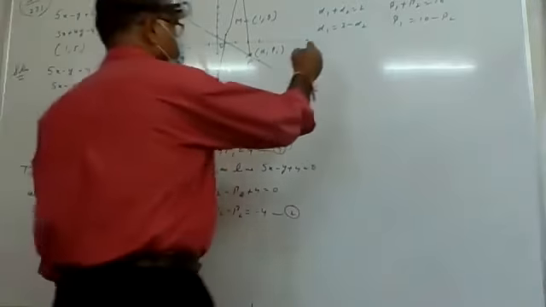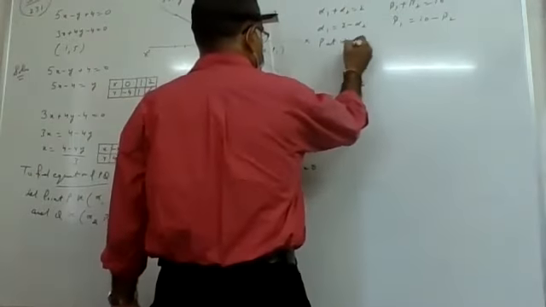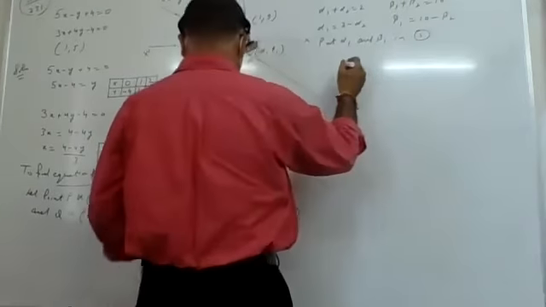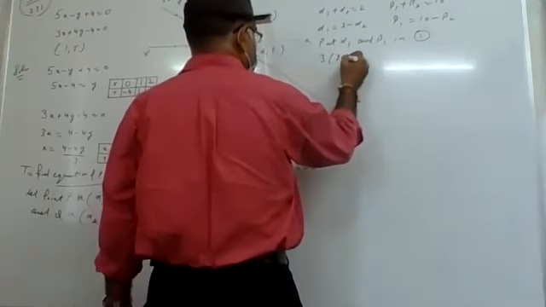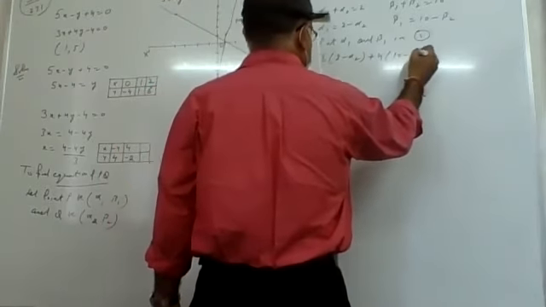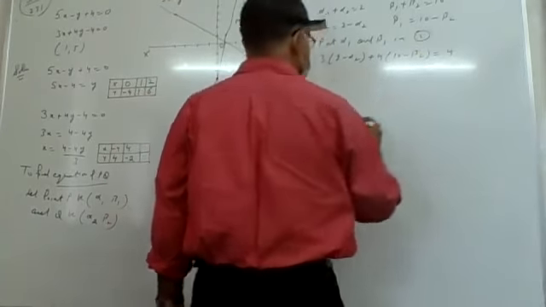Put the value of alpha 1 and beta 1 in number 1. So this is 3 times (2 minus alpha 2) plus 4 times (10 minus beta 2) is equal to 4.